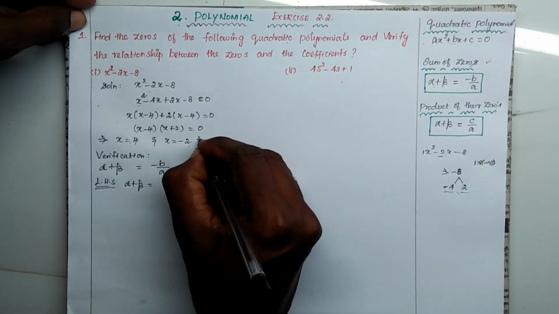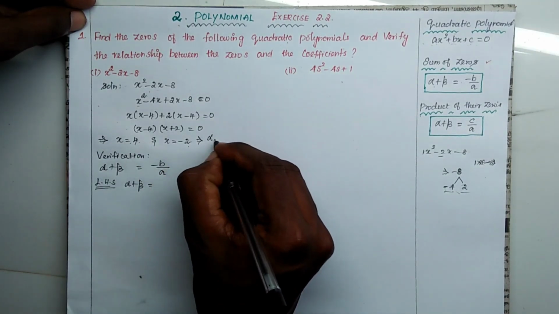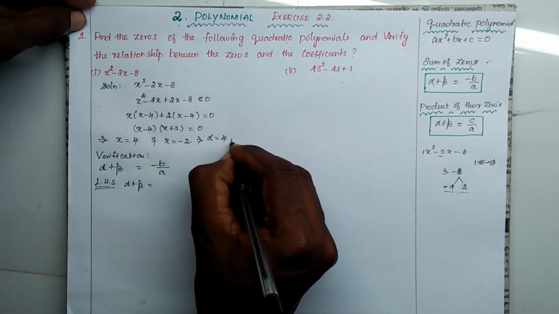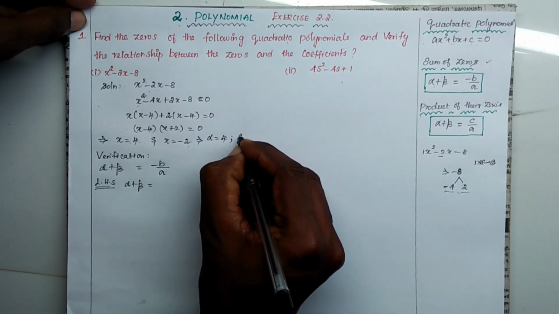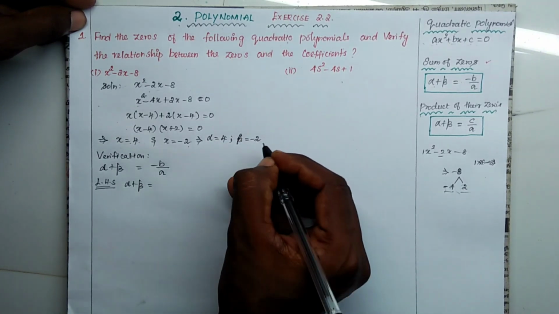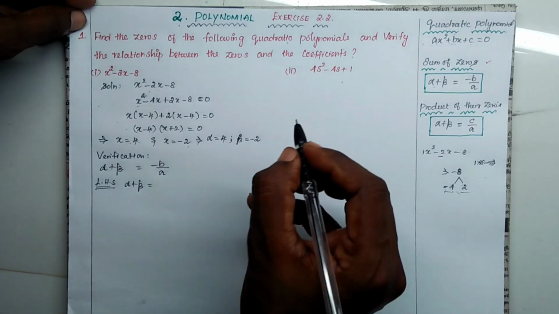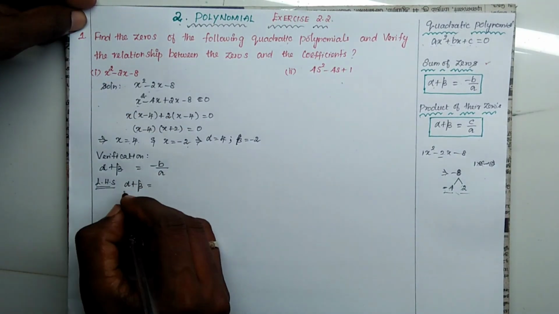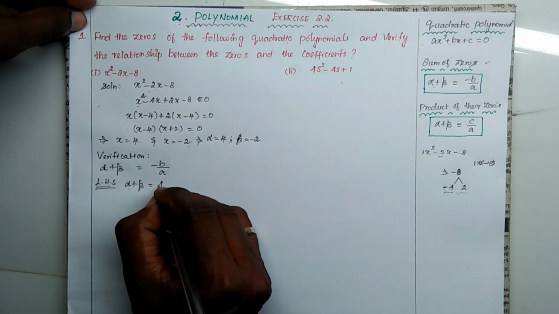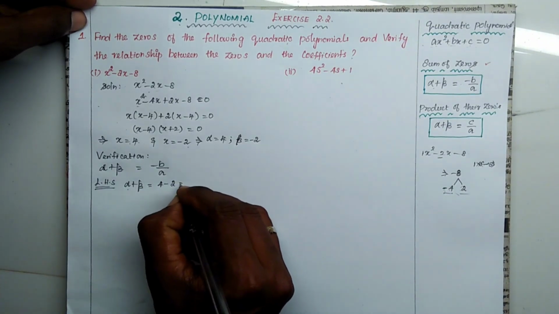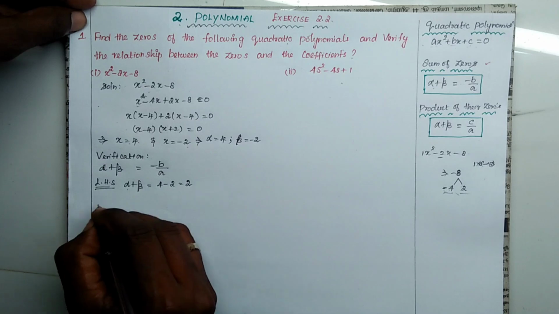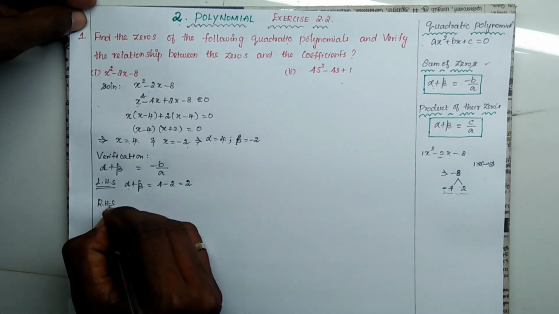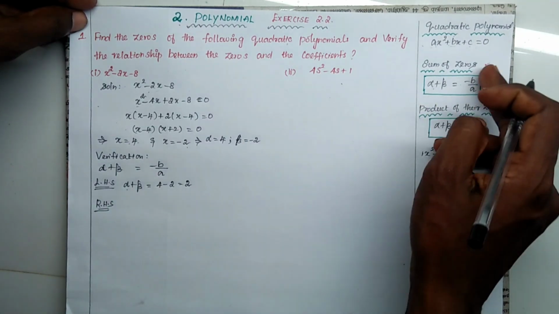Alpha and beta are nothing but these two zeros. Now we write alpha is 4 and beta is equal to minus 2. These two are the zeros of this polynomial equation. Now alpha plus beta means 4 minus 2, which gives us 2.